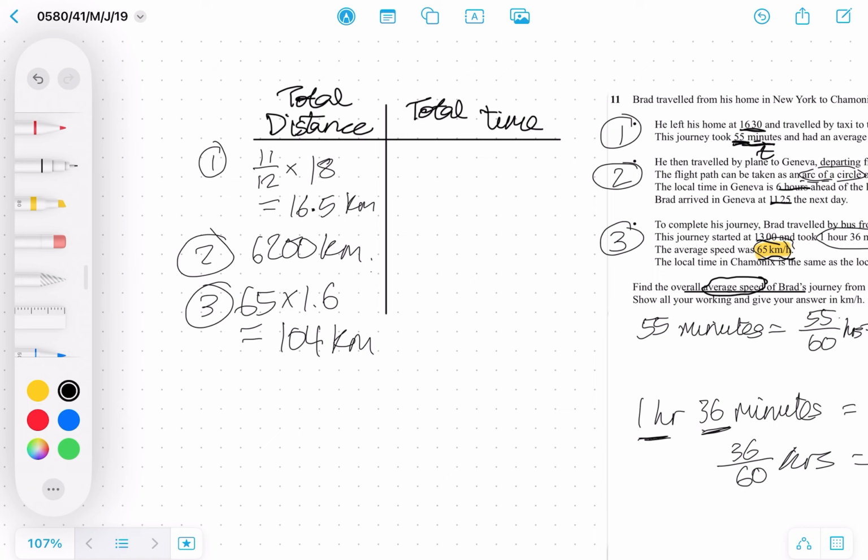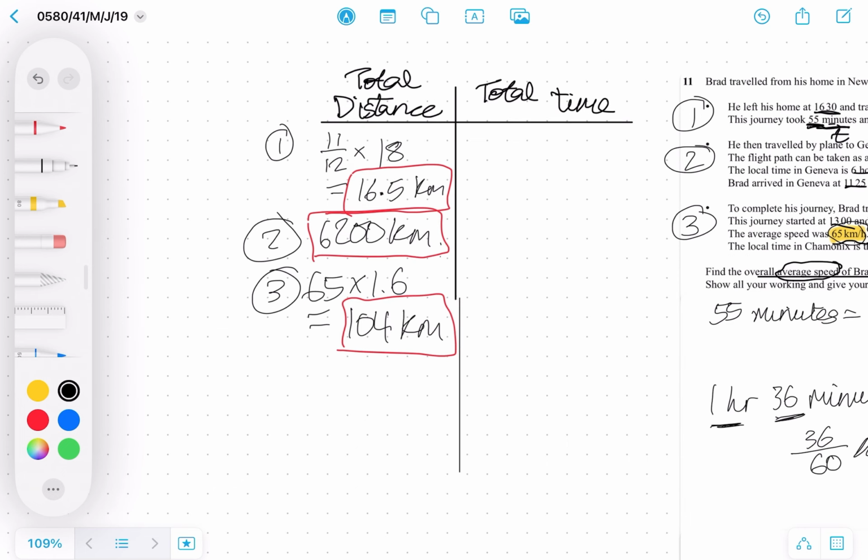Okay, so now we have all the distances that he has traveled. So now what we do is we sum these all. So 16.5 plus 6,200 plus 104.